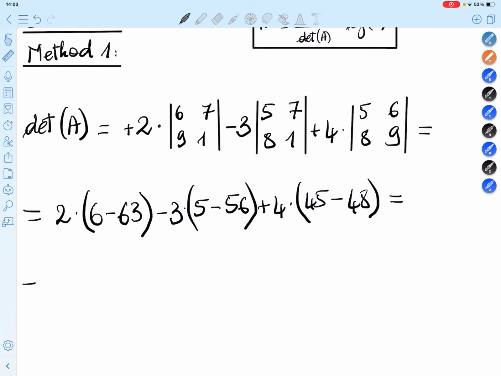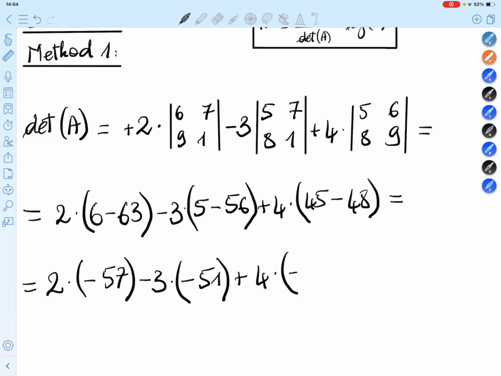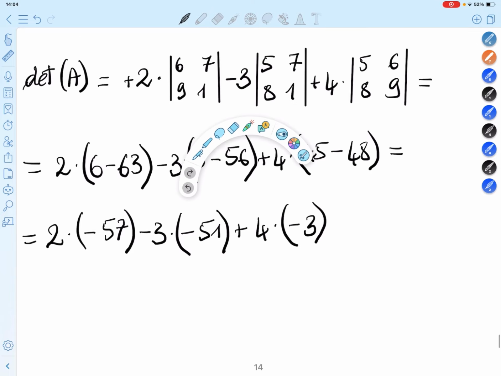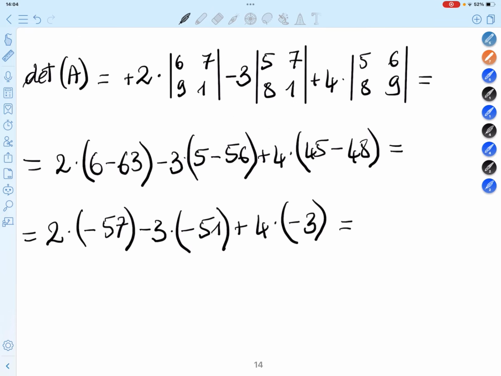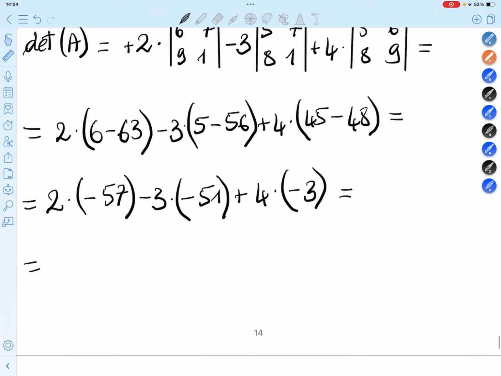That would give me 2 times, this would become negative 57, minus 3 times negative as well 51, plus 4 times negative again 3. Right, this would be equal to minus 114.